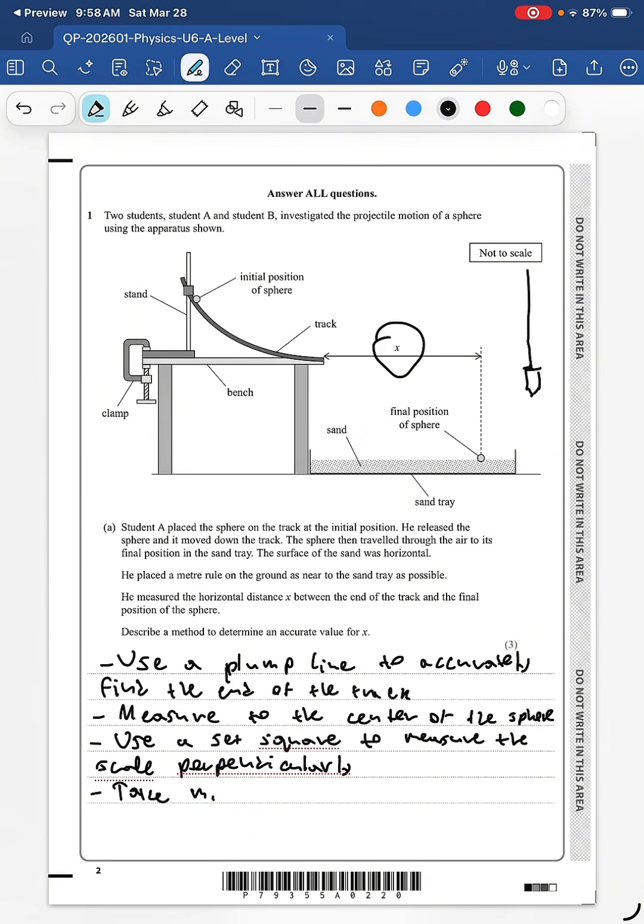So take many measurements, usually 3 to 5, and take the average. So it's the usual stuff they ask in these types of questions.